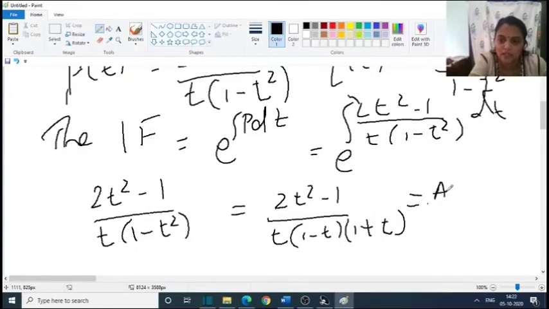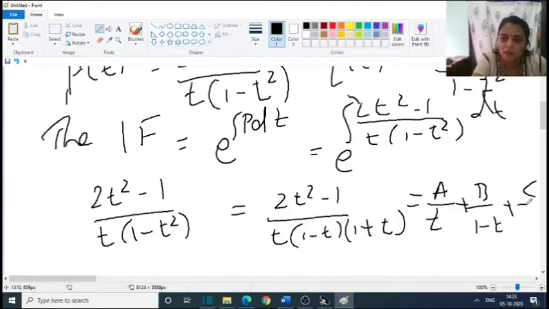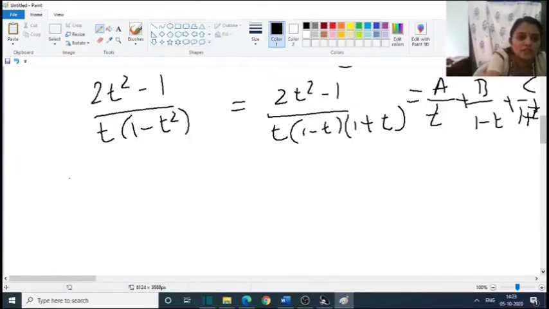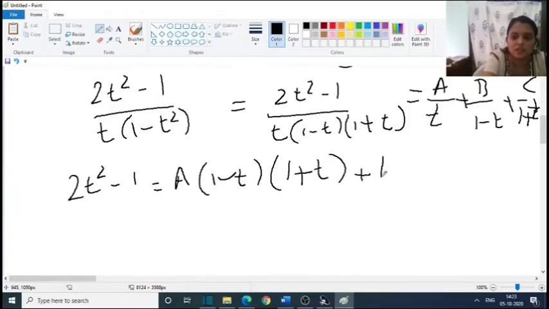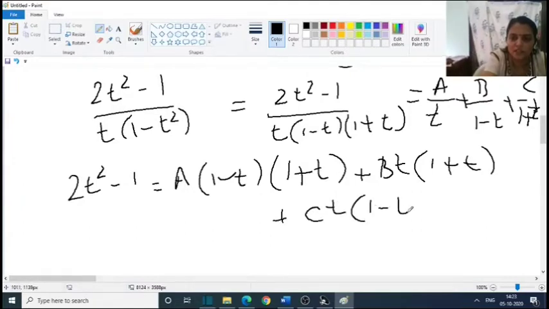So this we could write as a by t plus b by 1 minus t plus c by 1 plus t. 2t square minus 1 is equal to a into 1 minus t into 1 plus t, plus b t into 1 plus t, plus c into t into 1 minus t.